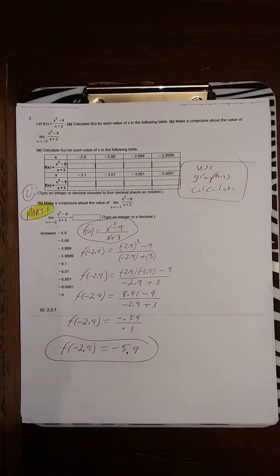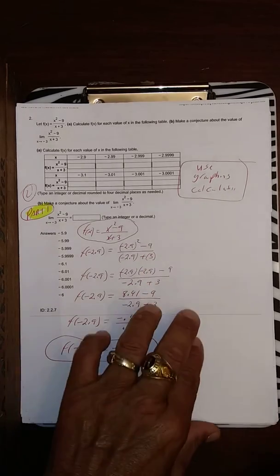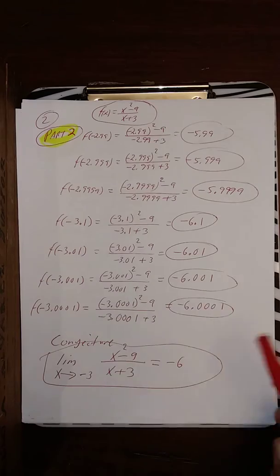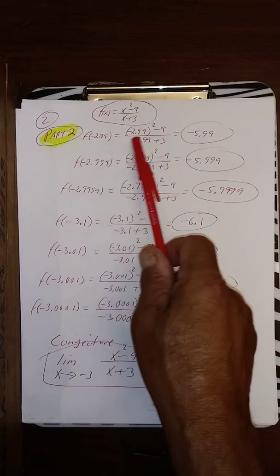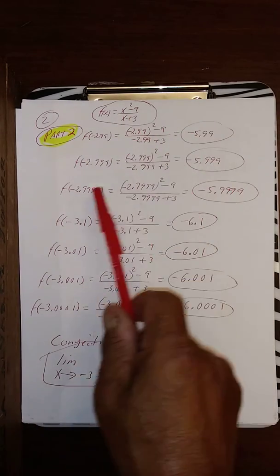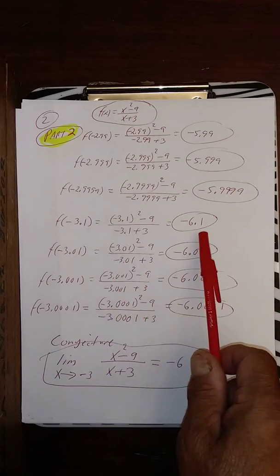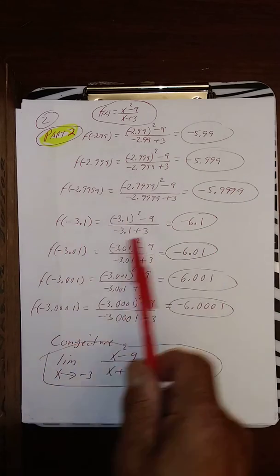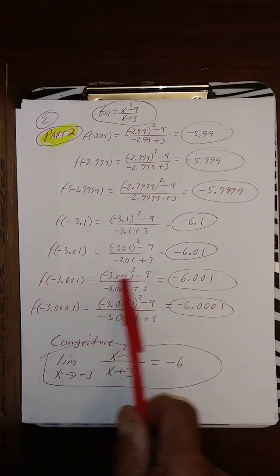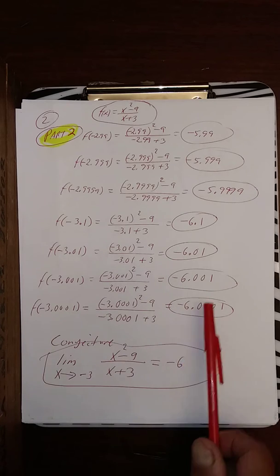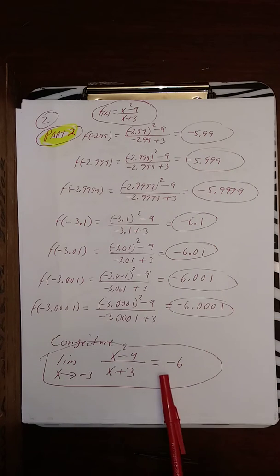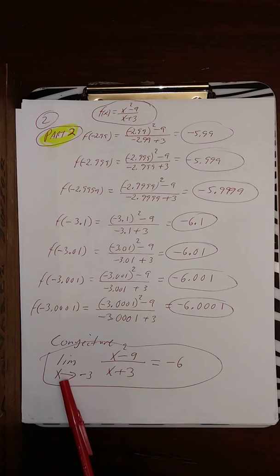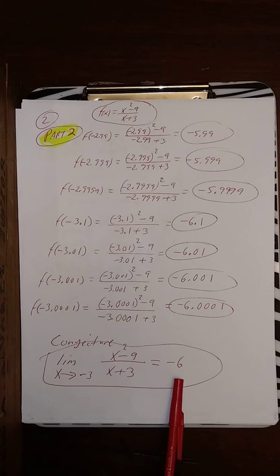That's what I got for that answer. Next one, same formula, the number goes in, got the answer. And then negative 3.1, got this answer. 3.01, 3.001. So it looks like it's getting closer and closer to negative 6. Conjecture: the limit of this is going to negative 6.